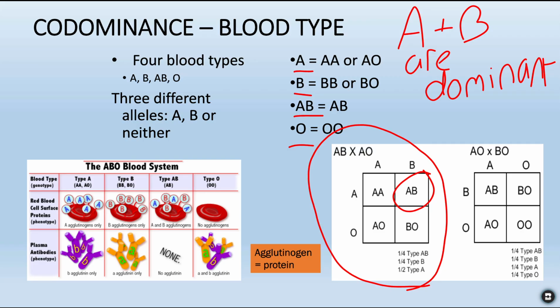Remember that O is the recessive blood type here. So if there's a dominant A with an O, like for say here, the A is going to be what's expressed. Same on the fourth box, B is going to be expressed over the O.